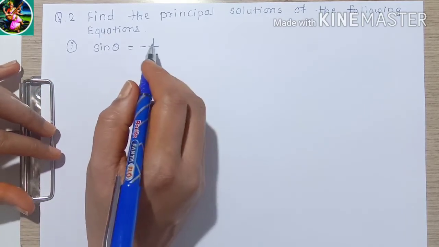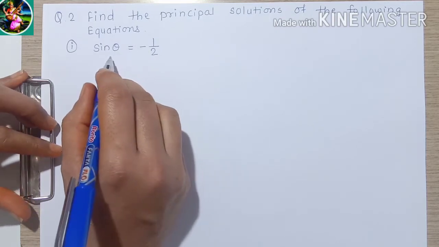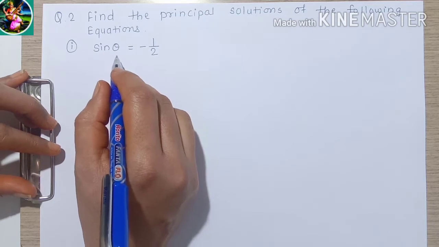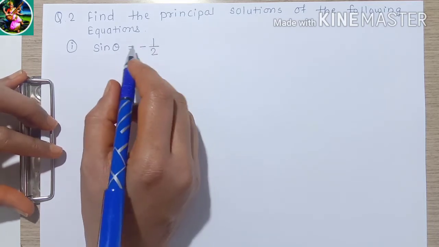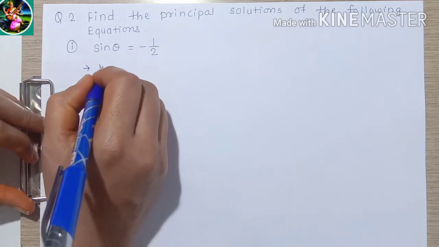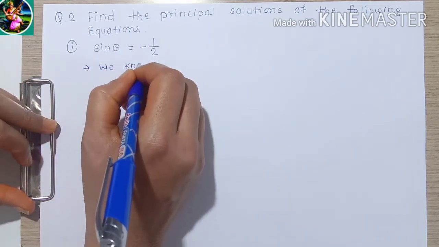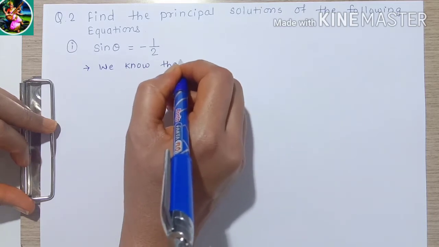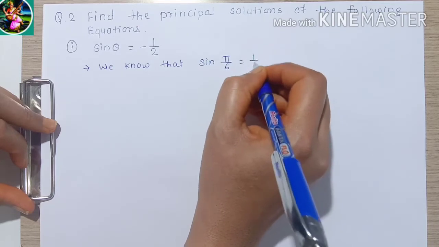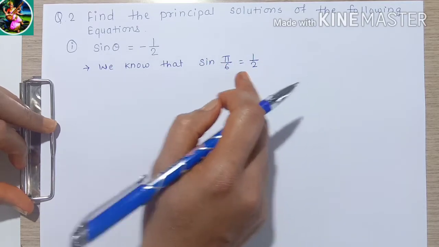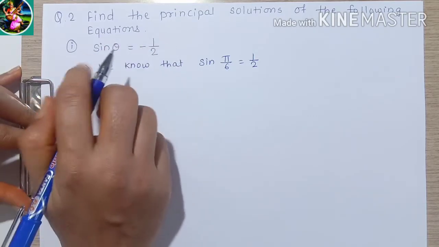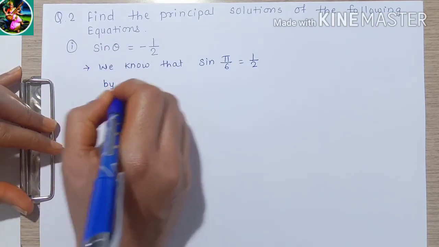We have the trigonometric ratios for 30 degree, 60 degree, that we know the values are positive, but here given is minus. Therefore, we know that sin of pi by 6 is plus 1 upon 2. We use this for finding the solution of given trigonometric equation by using allied angle formula.